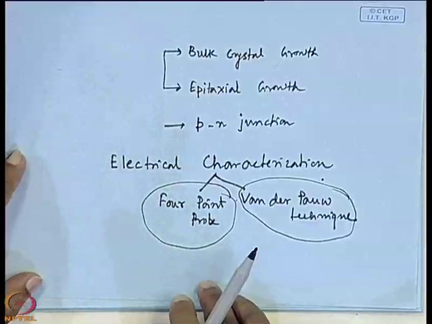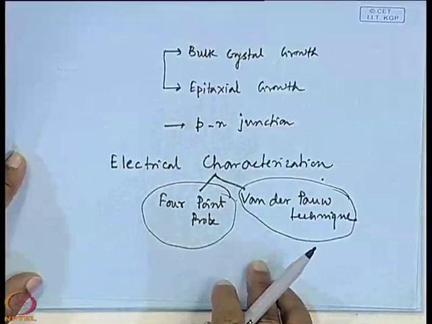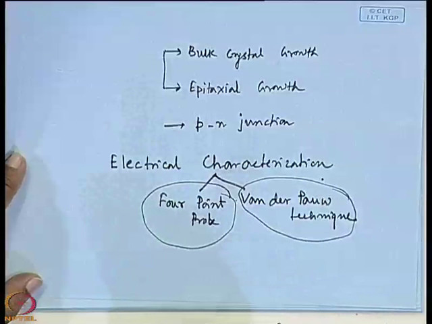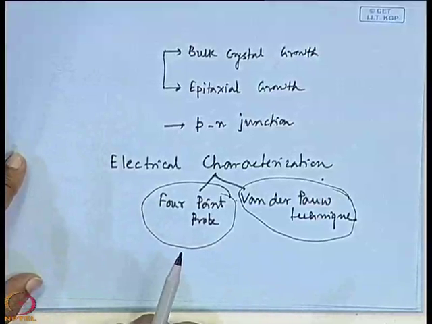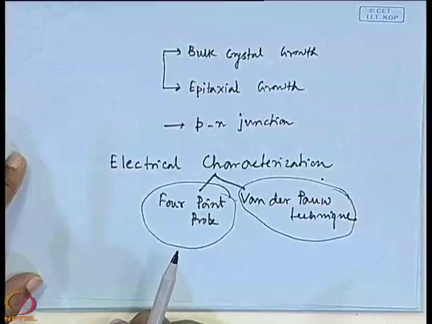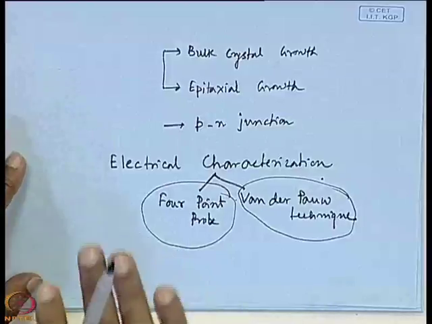The main difference between these two techniques is the contact. In 4-point probe we need not make any metal contact on the sample. It is basically contact by pressing.